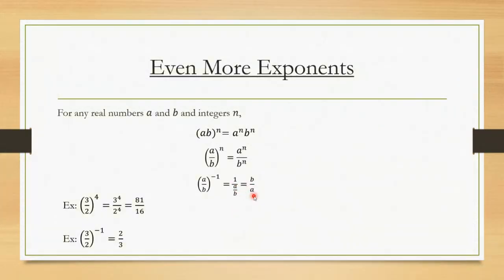This is actually a good equality to know. It's easy to see algebraically. And just some quick examples. If you do 3 over 2 to the 4, which is actually based on multiplication of fractions, you get 3 to the 4 over 2 to the 4, which is this.